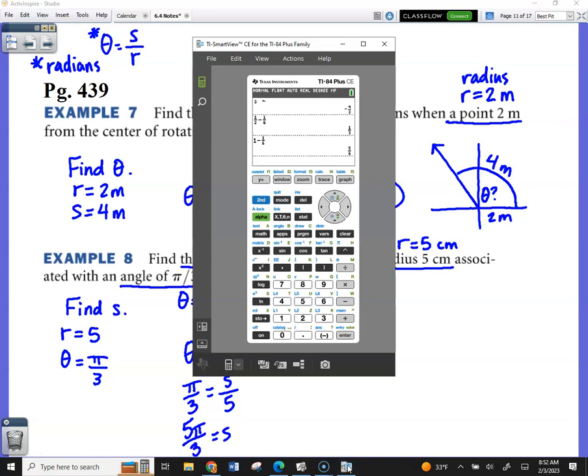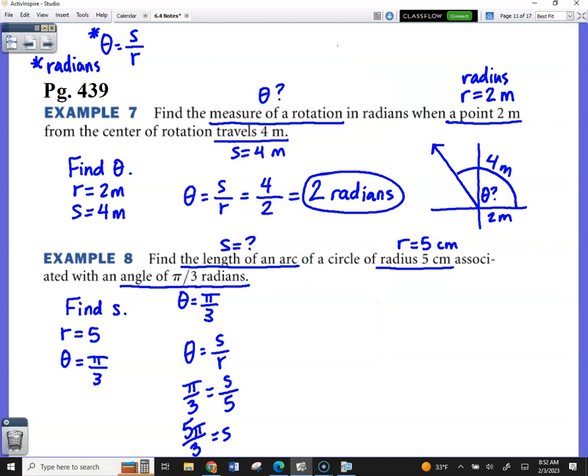I like the fraction shortcut because then I don't have to worry about parentheses and I can see exactly what I had on my paper. I can see it and confirm it. We're going to go to the nearest tenth. It would be approximately 5.2 centimeters long. So S is approximately 5.2 centimeters.